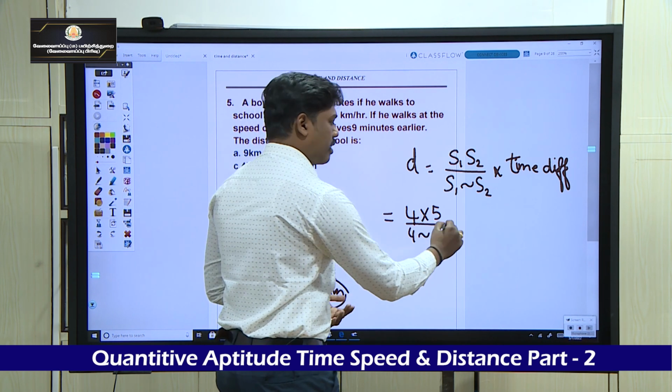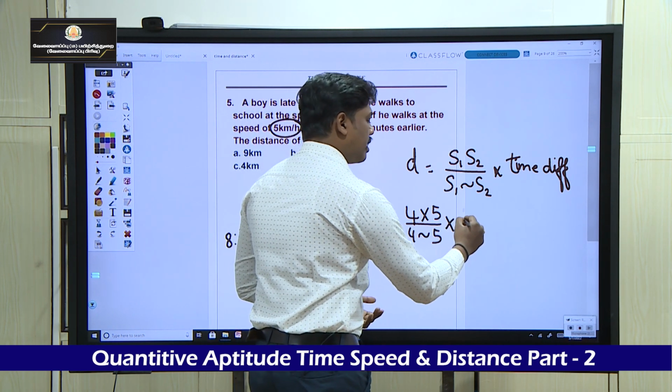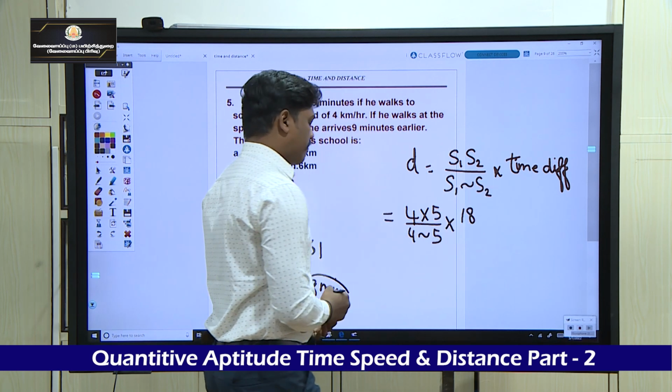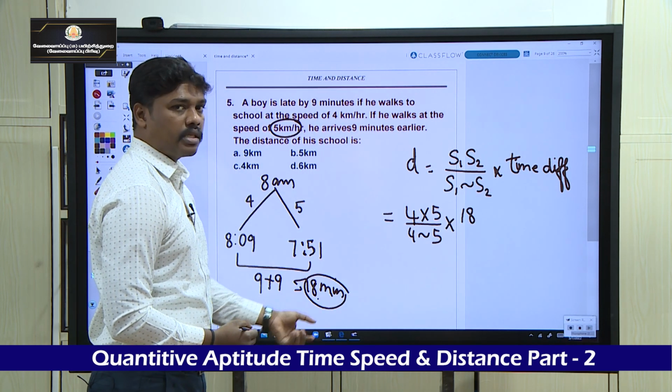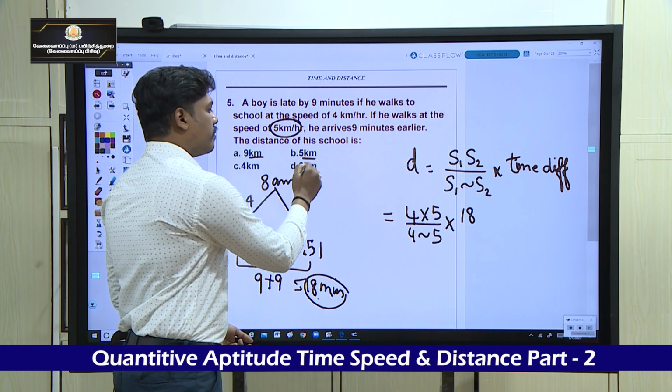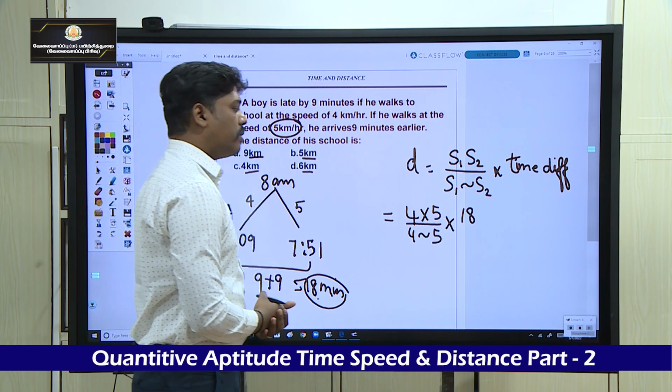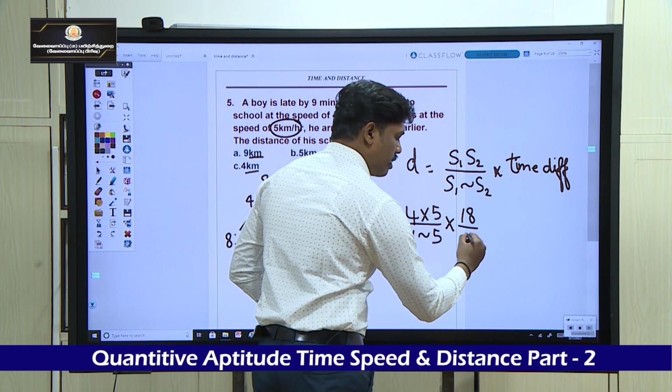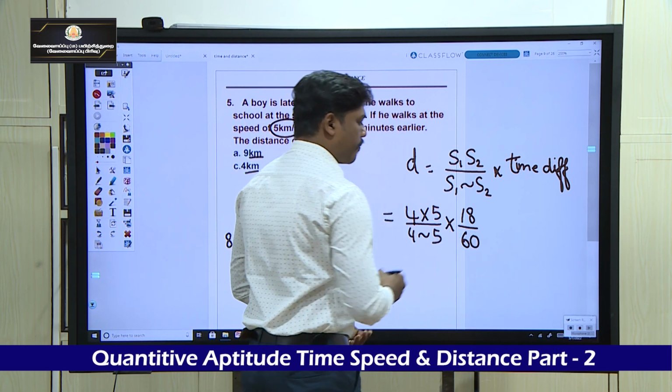Difference means just minus it, into time difference. Time difference is 18 minutes. Convert into hours, since they are asking in kilometer. Okay. So divided by 60.